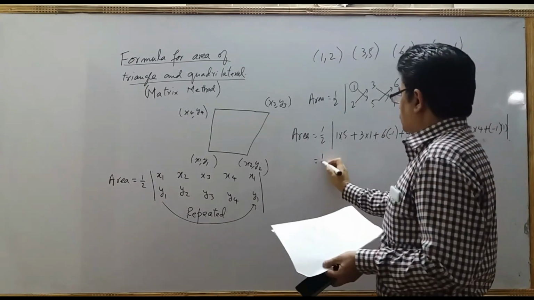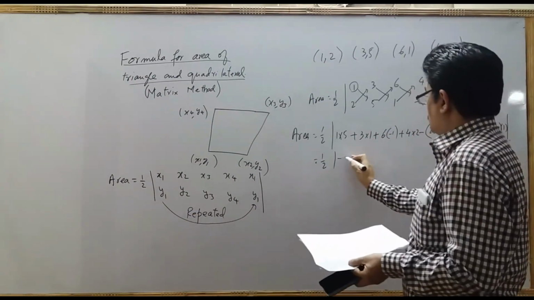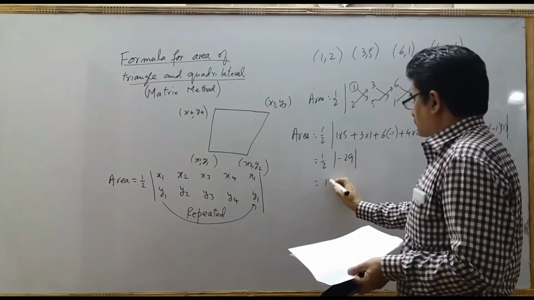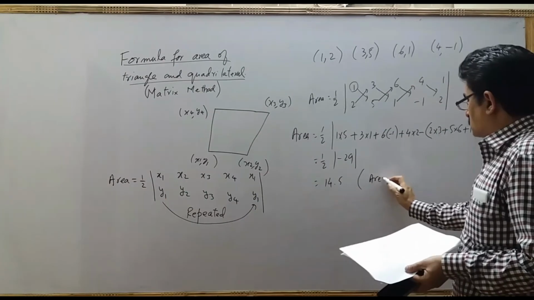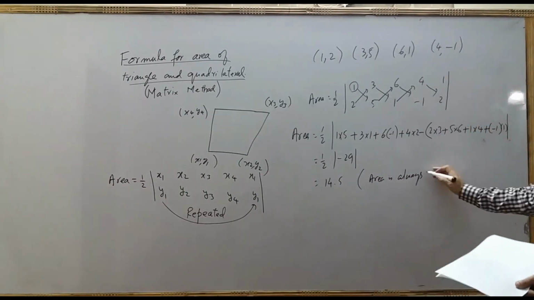On simplifying, you will see that this is equal to minus 29. Now you will ignore the negative sign since area is always positive.